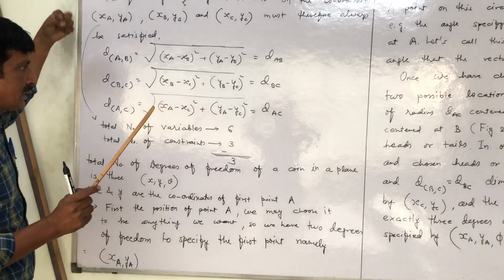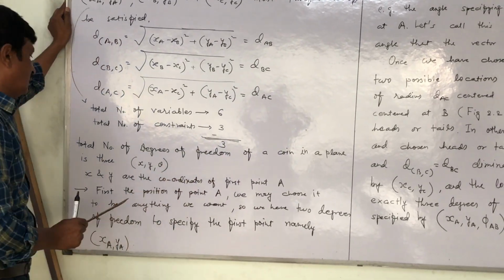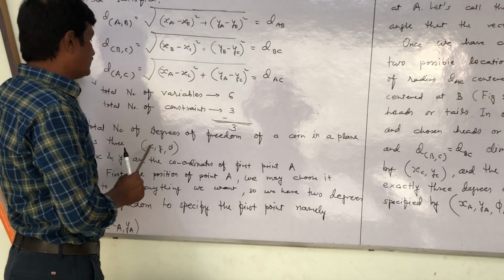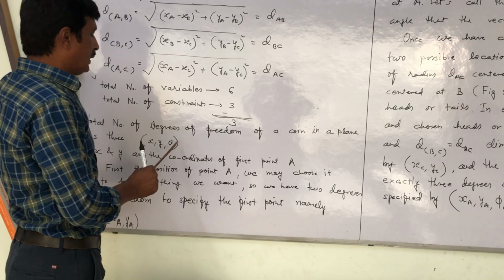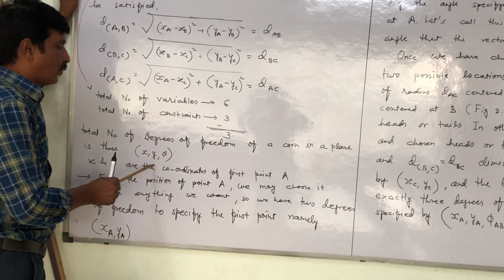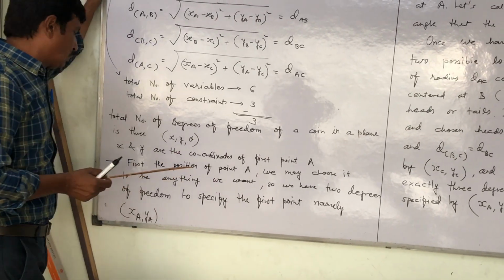So overall 6 degrees of freedom, but 3 constraints. So 6 minus 3. On net, the total number of degrees of freedom of a coin in a plane is 3: x, y, theta. That is one point with x coordinate, y coordinate, and then angle theta for the orientation.